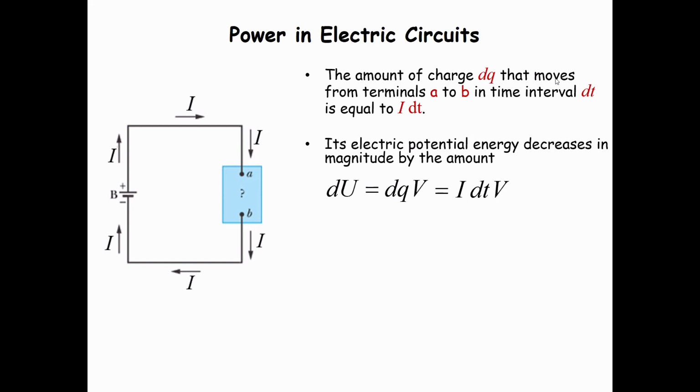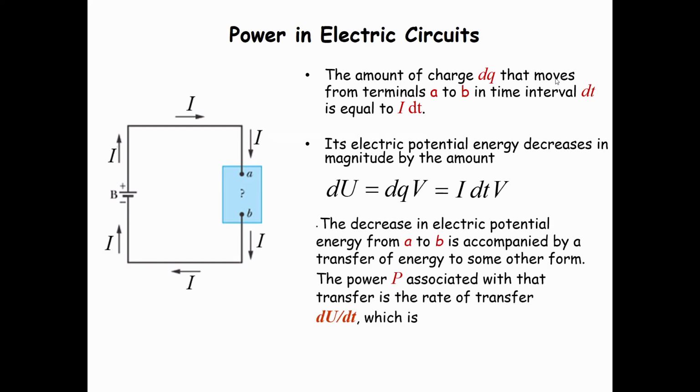So the decrease in potential energy from A to B is accompanied by transfer of energy, of course. We're doing some work, and it's basically the power associated with that transfer. It's a rate of transfer, the rate of change of the potential energy per time. It's analogous to mechanics in 207.